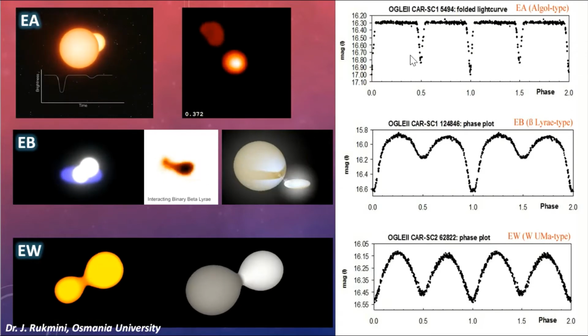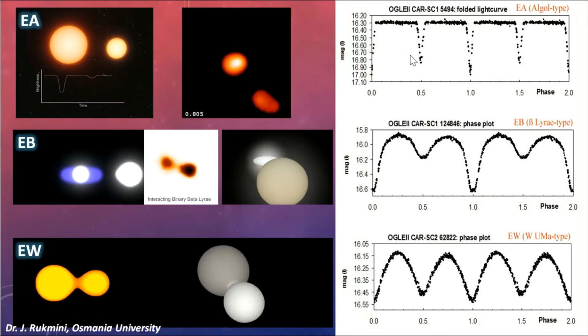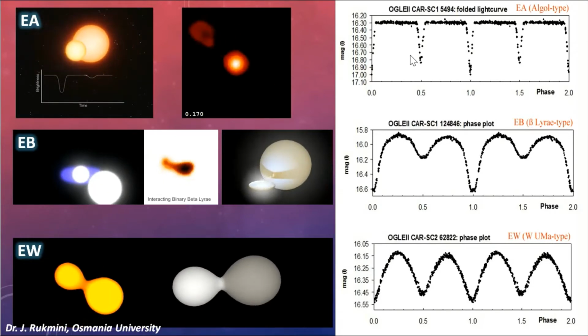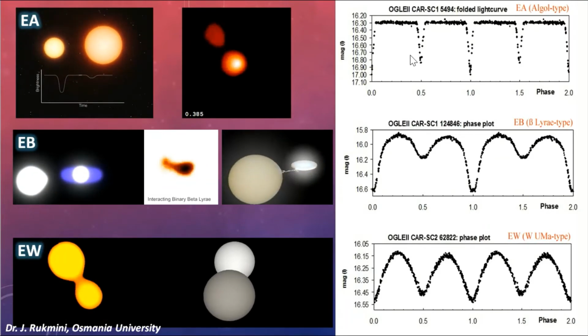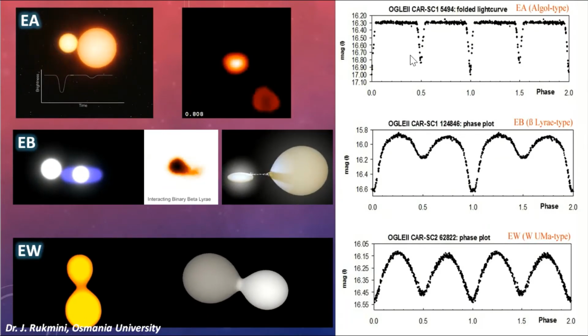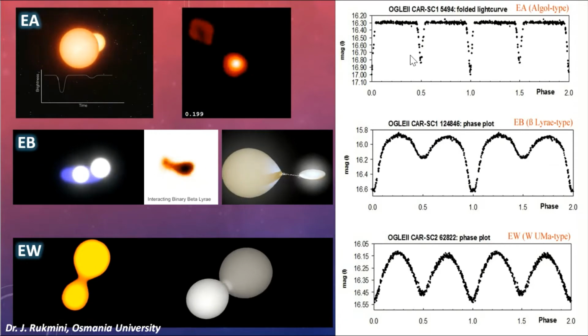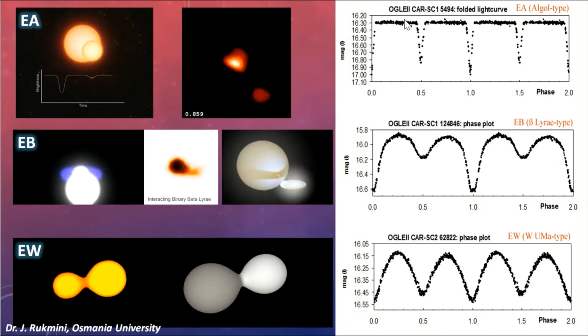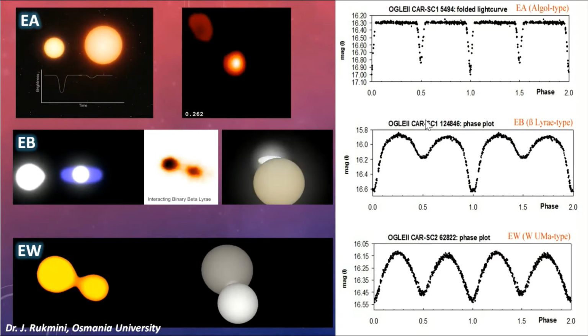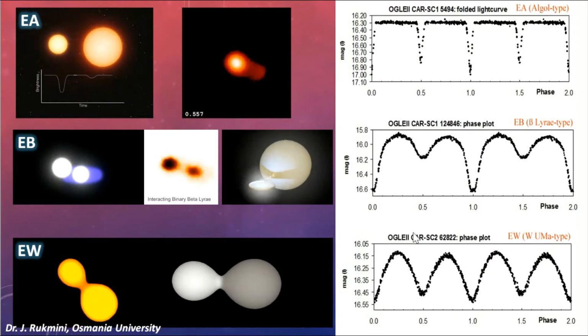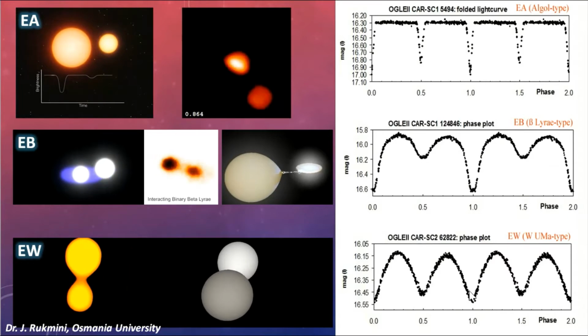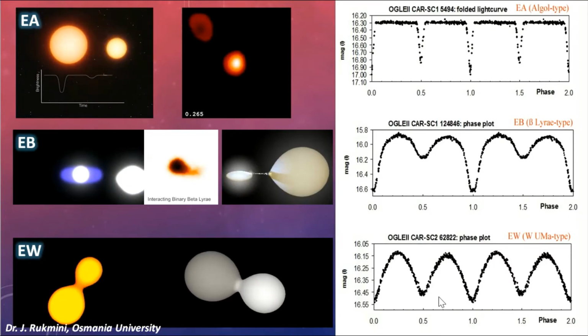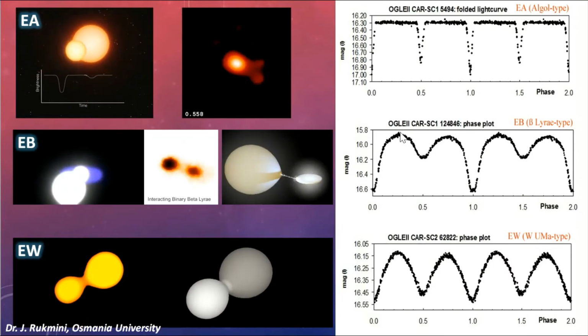Here you see the brightness variation plotted with respect to time or phase, which are periodic. But you can see the difference in the shapes. Here the highest brightness region is flat, here it is curved, and the minimum brightness region is almost the same for both the eclipses.